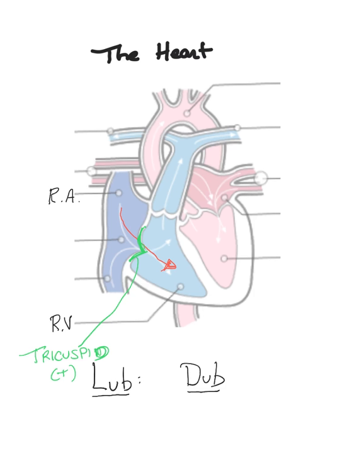In addition, blood also flows from the left atrium into the left ventricle, LA and LV on this diagram, through another valve.